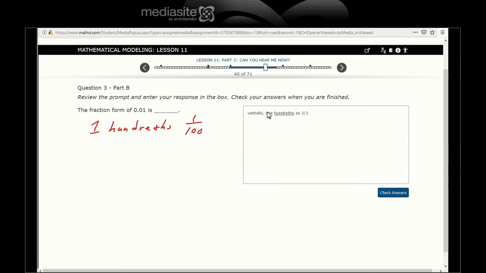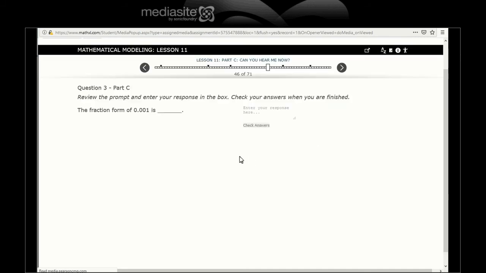So 1 divided by 100. And 0.001, well, that is 1/1000th, or 1/1000.